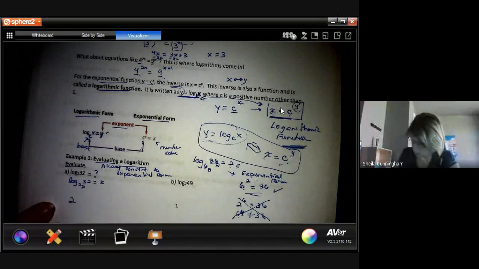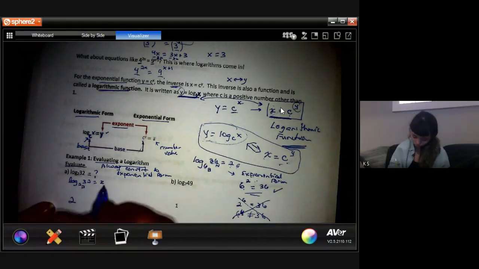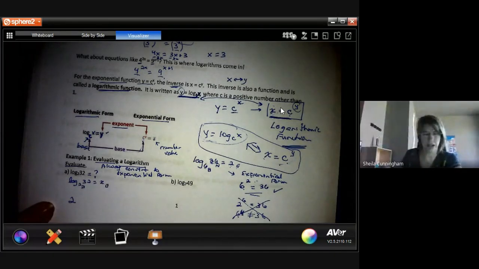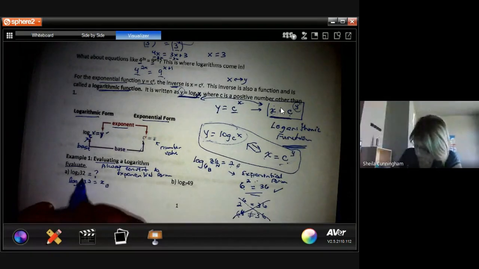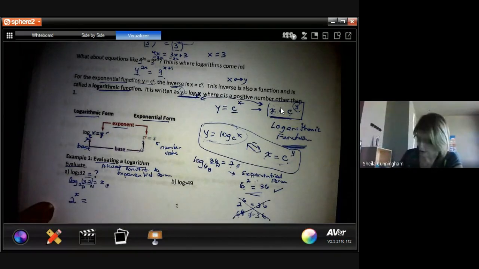So I'm going to write a 2. And my exponent, which would represent the x, I'm going to put an x. That's going to equal this value here, which happens to be my number, which equals 32.